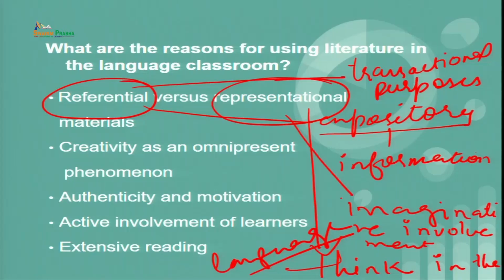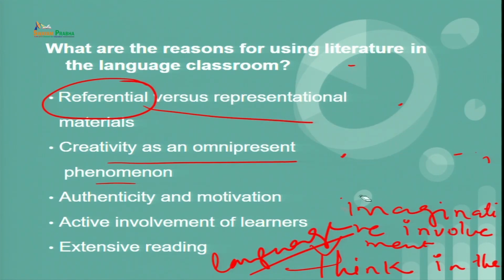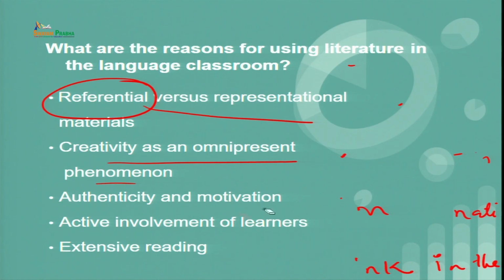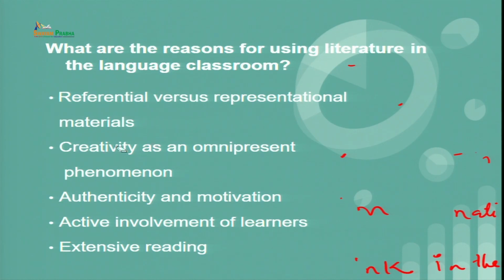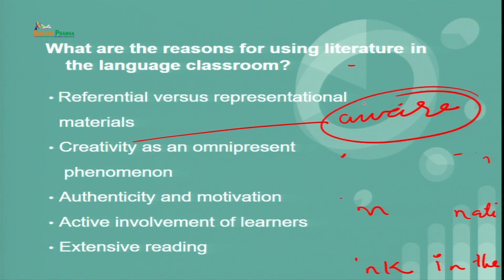The second point, as you see here, is written: creativity as an omnipresent phenomenon. Why do we say this? Because it is important to understand that the skills we obtain while studying literary texts help learners become aware, and they do not just become aware of their surroundings, but also become aware readers.